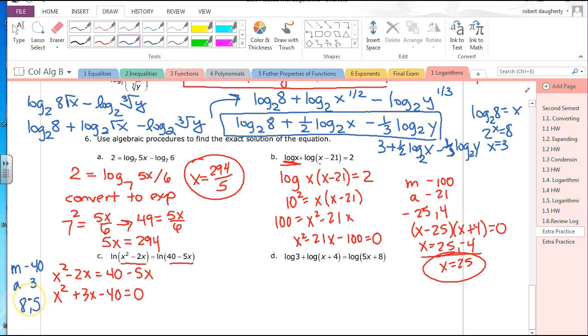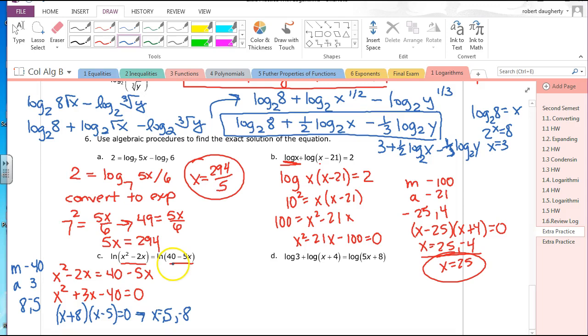If the 5 were negative, those multiply to negative 40, those add to 3. So this is x plus 8, x minus 5 equals 0. That means that x is equal to 5 and negative 8. Now let's go substitute any of those back in. If x were 5, then this becomes 25 minus 10, that's 15.